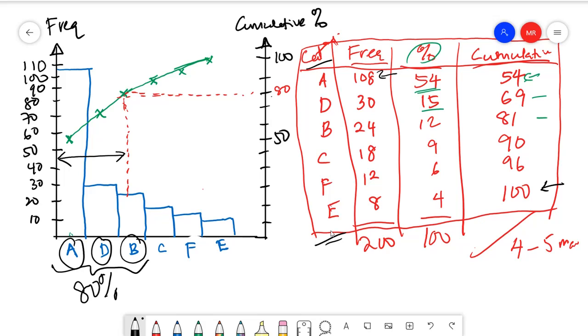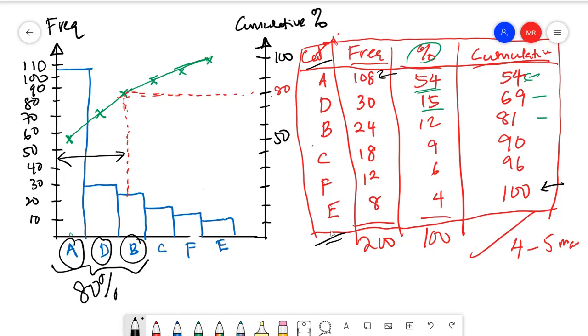Normally once you construct this graph, you need to summarize what problems need to be focused on to address 80% of the problem. So these are the first three problems.